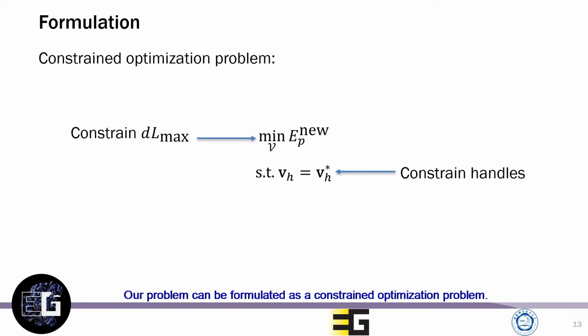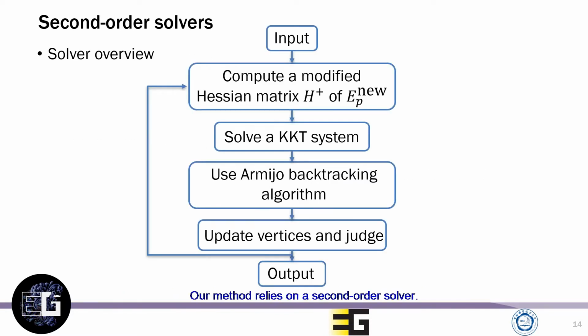Our problem can be formulated as a constrained optimization problem. Our method relies on a second-order solver. After getting the inputs, we first compute a Hessian matrix of the energy function, which is further modified to be a positive semi-definite matrix. This is the main step of our method.